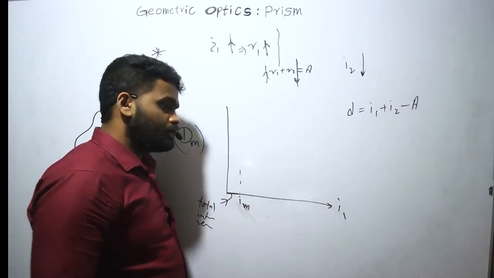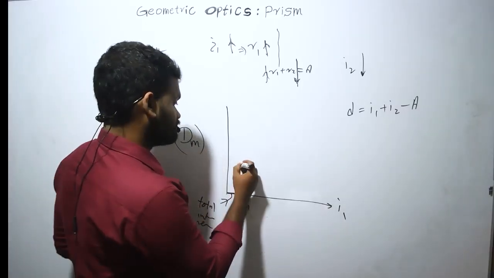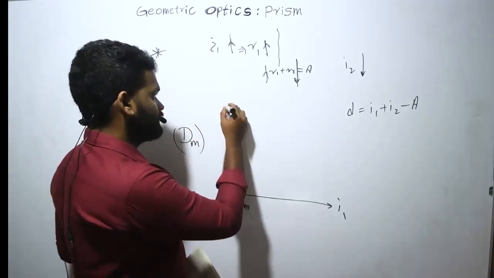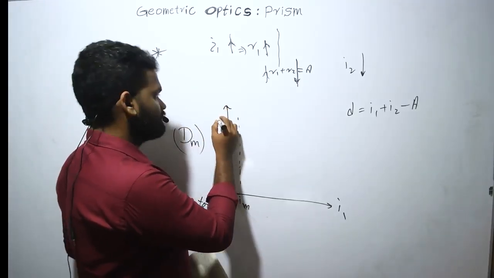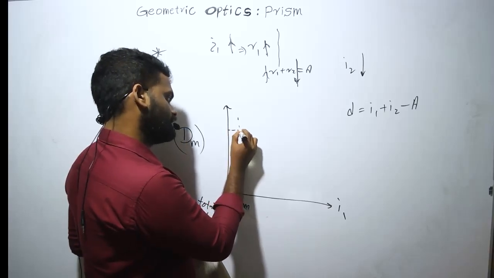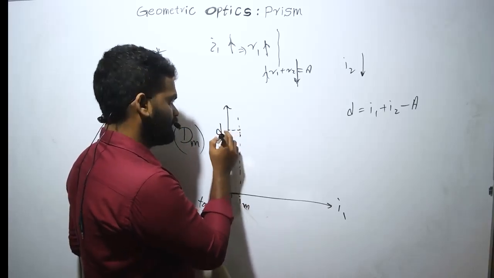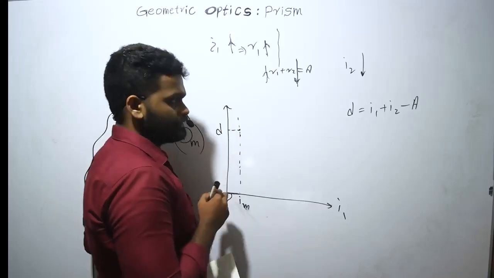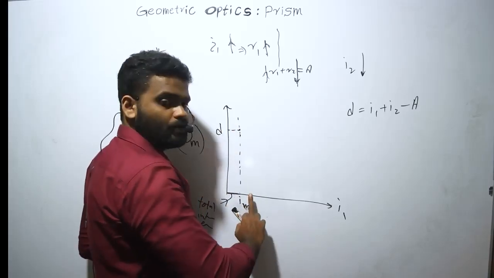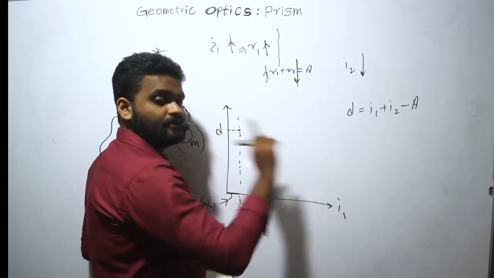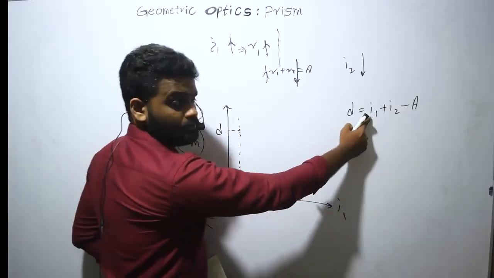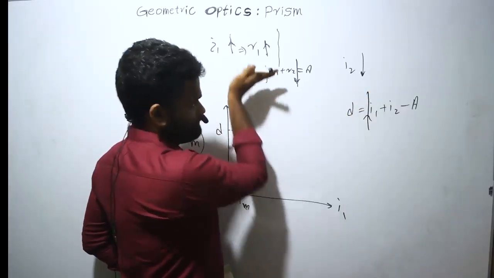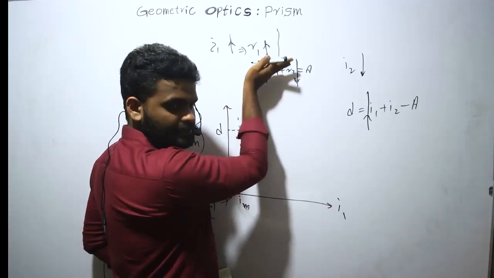Okay. So we know that for im, there's a certain value of d. Now we are going to increase I1. Increasing I1 means we are gradually changing the path of the incident ray.